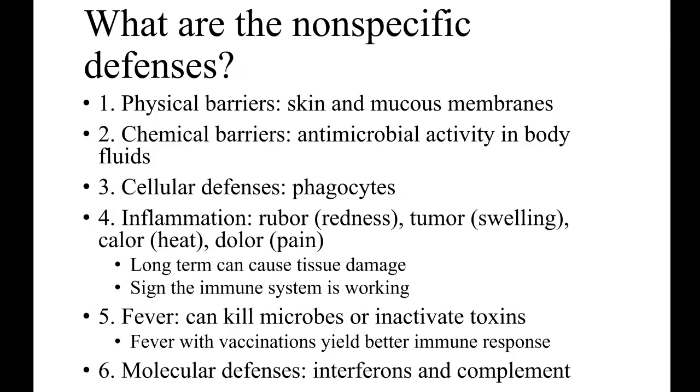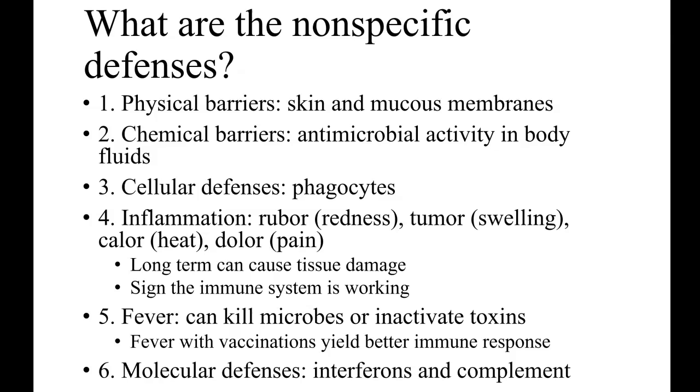The last thing that we will talk about that I think is a little more abstract and harder to relate to are molecular defenses. So we're going to be talking about complement, and we'll first see complement in the non-specific defenses or the innate immune system, but we will also see that in the specific or the acquired immune system as well.